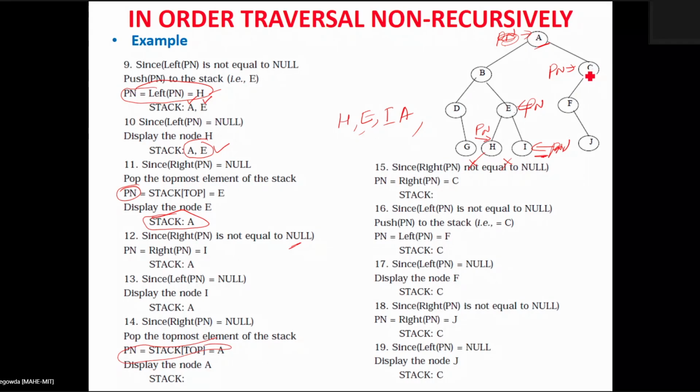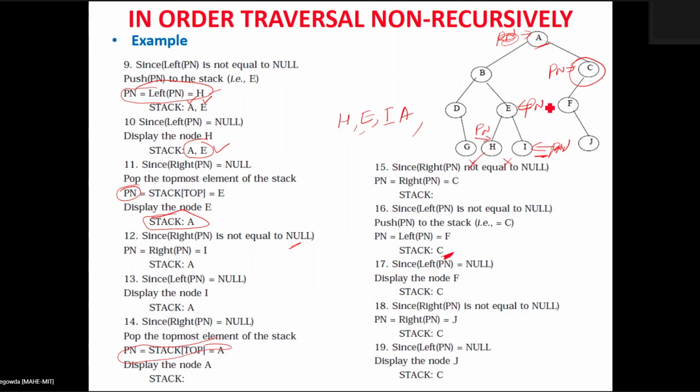The left subtree is there for Pn. So you have to push the Pn value onto the stack. When you push the Pn value onto the stack, the stack will hold the C value.